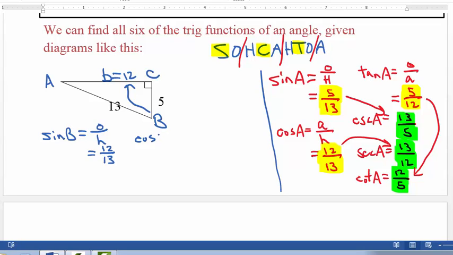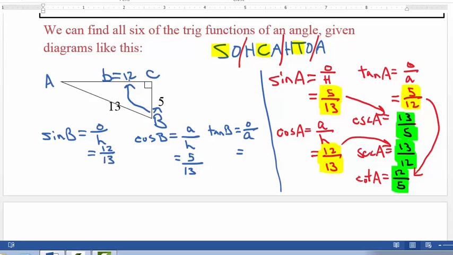So the cosine of B now is going to be the adjacent over the hypotenuse. So the side adjacent to B is right there, which is 5, over the hypotenuse, which is again 13, okay? And then, of course, the tangent of B is going to be the opposite over the adjacent.